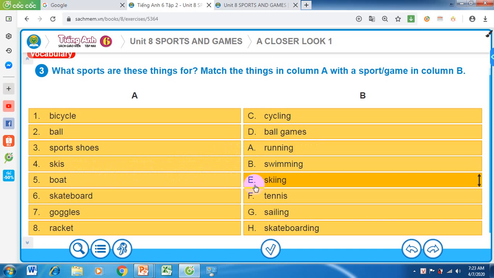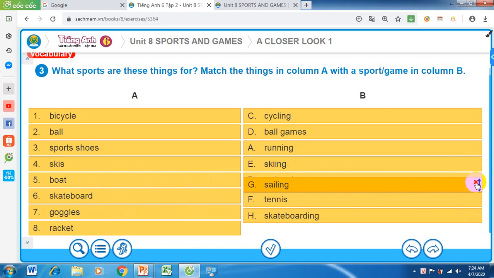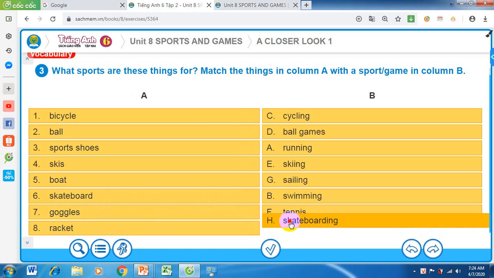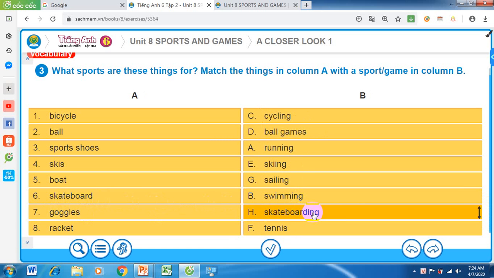We use skates in sailing? No, we don't use skates in sailing. We use skates in skiing. And a boat. We use a boat in sailing. For a skateboard, yes, we use a skateboard in skateboarding.